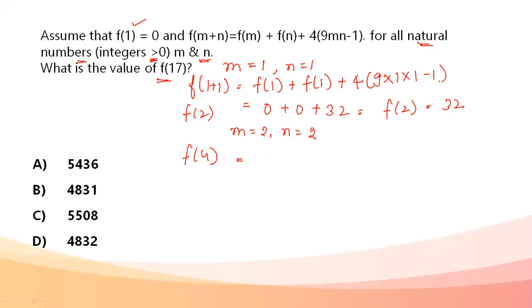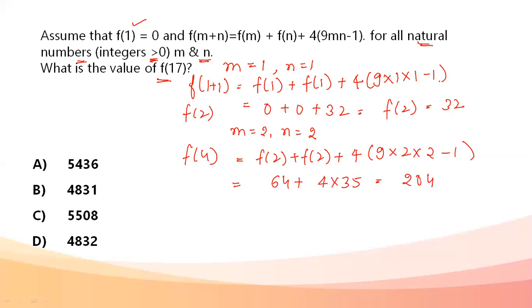So f of 4 becomes f of 2 plus f of 2 plus 4 into 9 into 2 into 2 minus 1. When we solve this, f of 2 is 32, 32 plus 32, 64. 64 plus 4 times 36, 36 minus 1, 35, 35 into 4. My answer comes out to be 204. So f of 4 is found already.